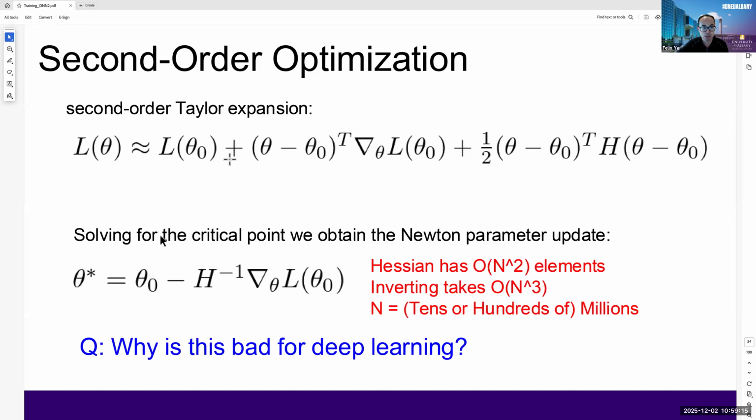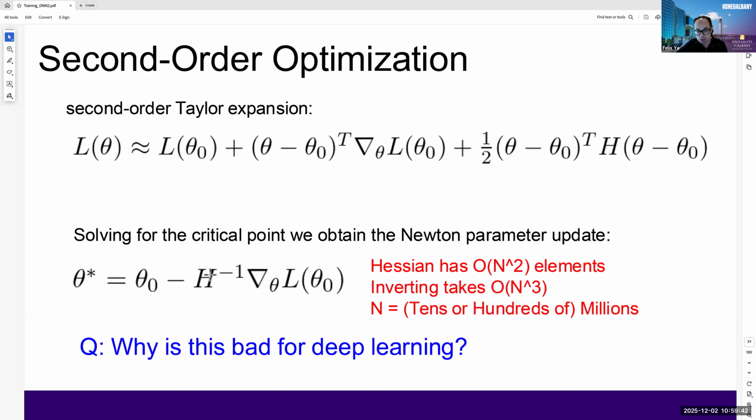What we do is we take the second order Taylor expansion of the loss function; this is the zeroth order, this is first order, this is the second order. Then we take Newton's parameter update to solve for the critical point.